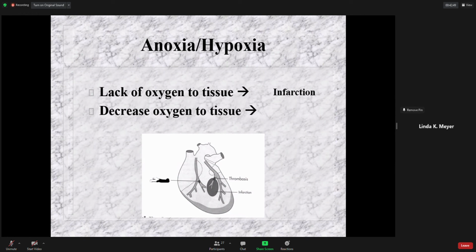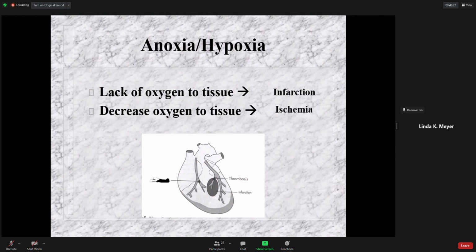To a lesser degree, the term hypoxia refers to a decrease in the oxygen to the tissue. So some patients have a condition called angina where their coronary arteries may be partially blocked, and when the person exerts himself or is stressed out, it may cause greater constriction of the coronary arteries, and there's a temporary decrease in the oxygen to the tissue, and they get chest pains.